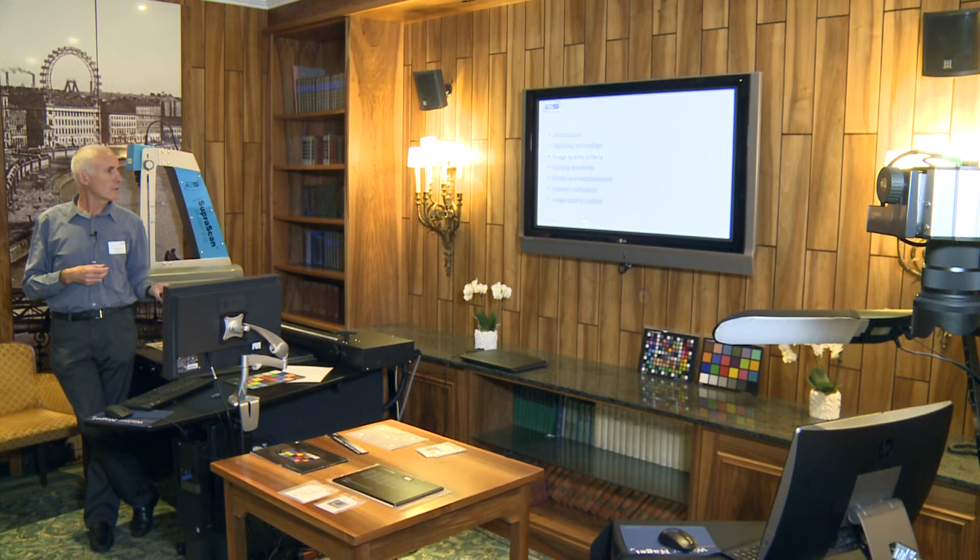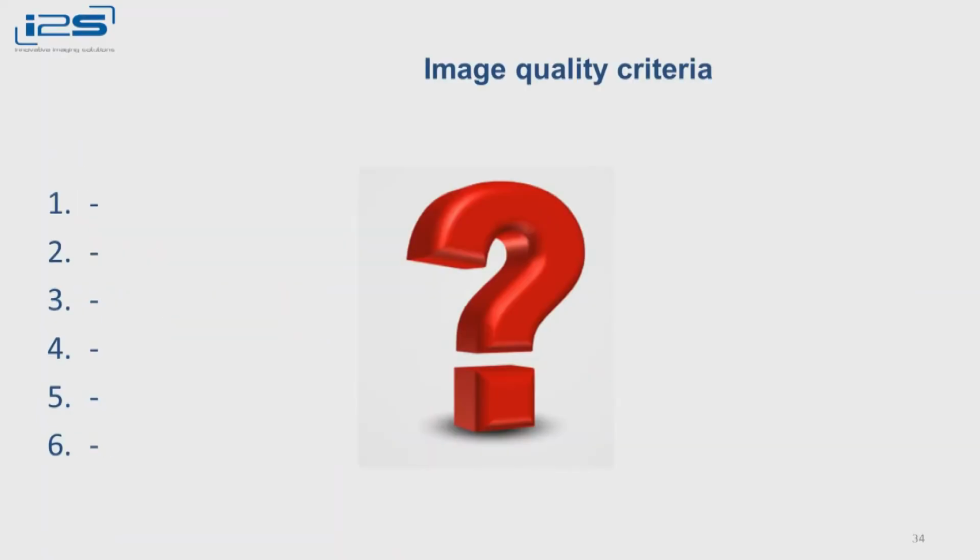Okay, so now let's talk about criteria. So there are 6 main criteria to check the image quality. So I want you to tell me which has this criteria. So what do you check in an image to say the image is good or not good?